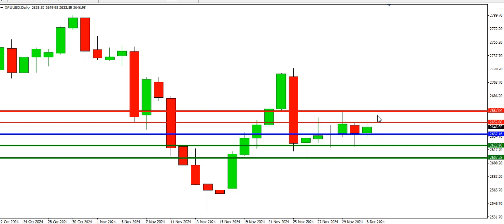But if price is unable to test or break 2652, price might get back to the pivot line at 2637, and possibly drop to the first support at 2622. If you look back at what has happened in the past, yesterday price tested that first support, and a day before price tested the second resistance.